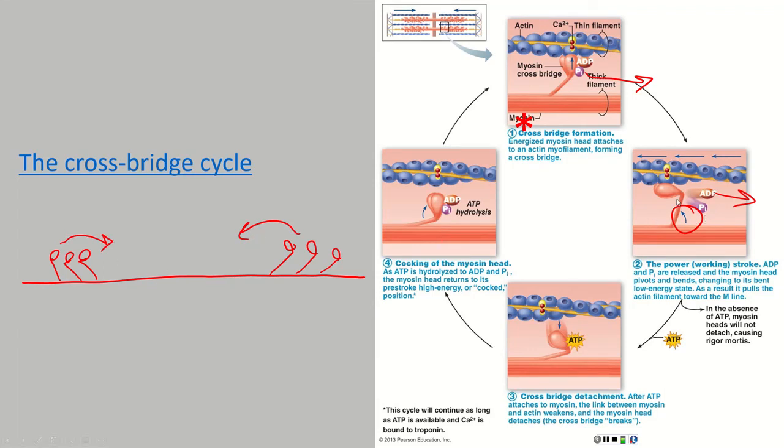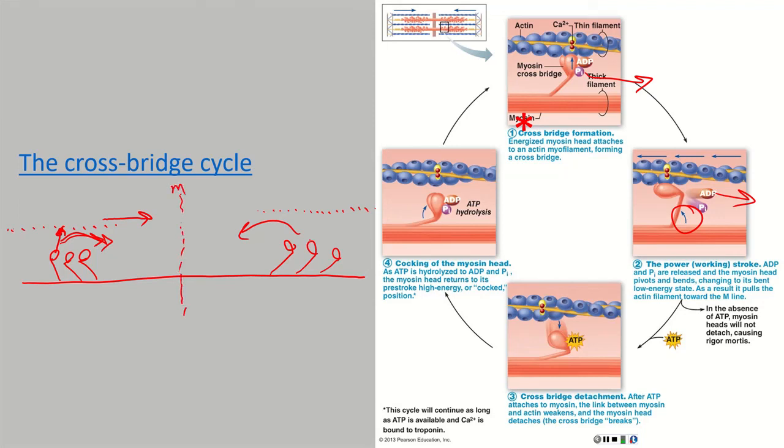But since the myosin heads are attached to the thin filaments, I'm going to draw a thin filament as a dotted line here, and a thin filament as a dotted line here. If the myosin heads are attached and it bends forward, it's going to push the thin filament this way, towards the M line.